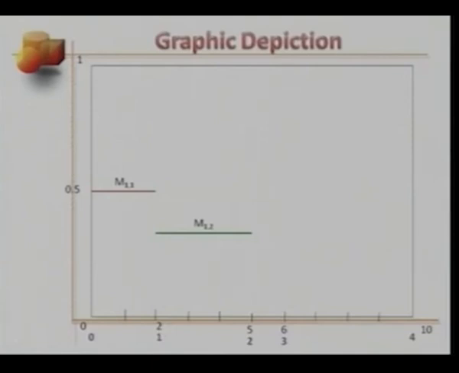How about the third first order spline? Look at this orange line here. This is M1,3, 1 over 1. This is M1,4, which is 1 over 10 minus 6, 1 over 4, that is 0.25. Notice that all these first order splines are constants in the respective t intervals.